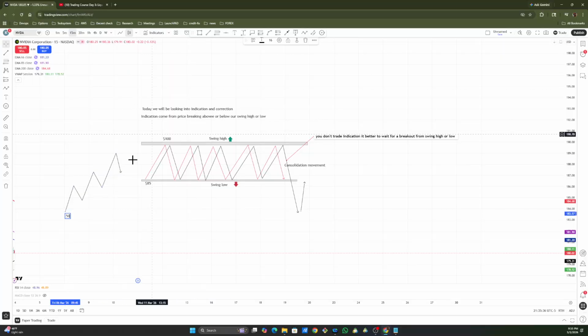If the market came all the way up here to price, let's say $89, what you would do at this point is two things. It's either you close your position or you constantly move your stop loss.